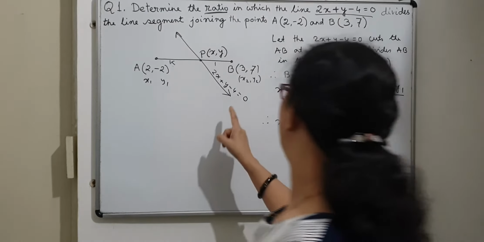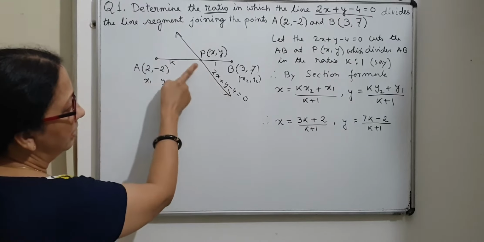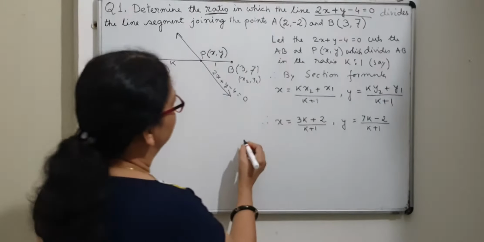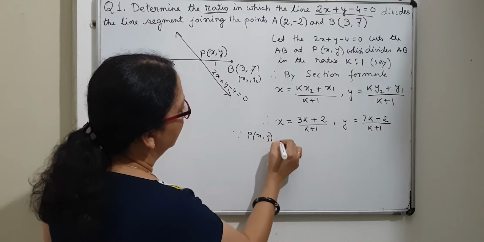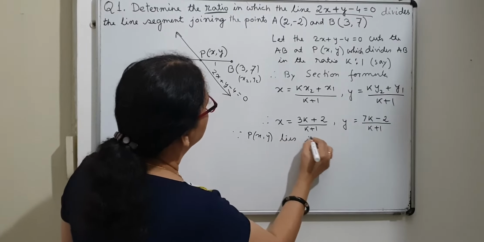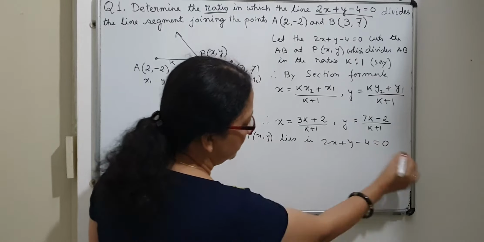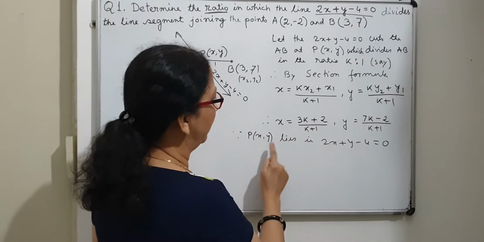Now we can put these values of x and y in the equation of the line, isn't it? So therefore since P(x, y) lies on the line 2x + y - 4 = 0, this point's values will satisfy this equation.